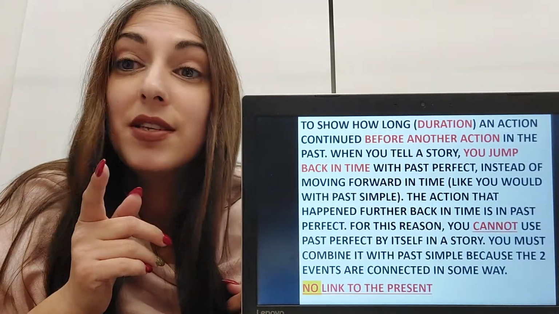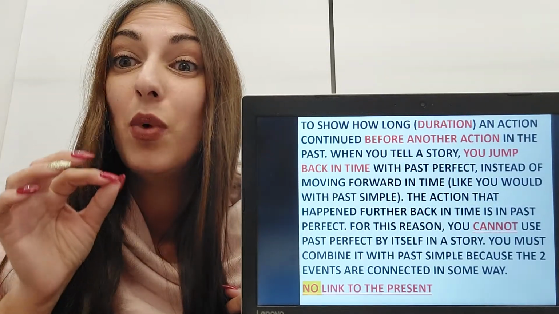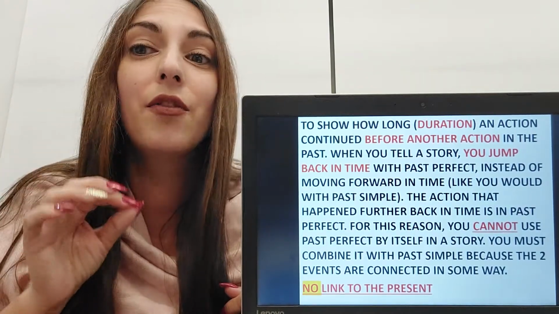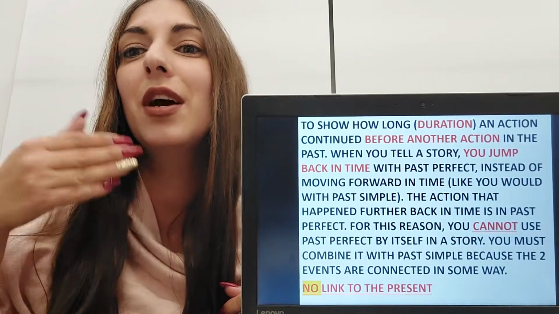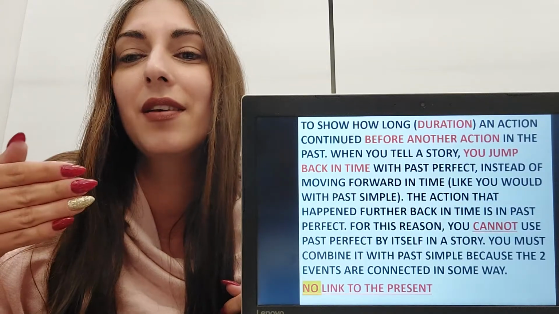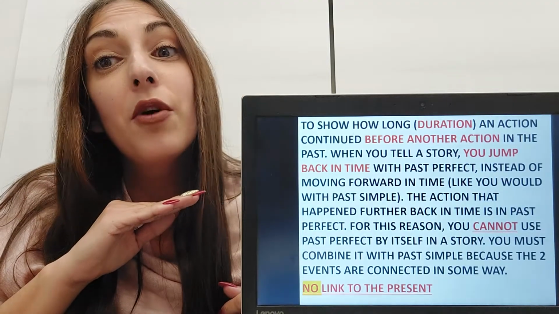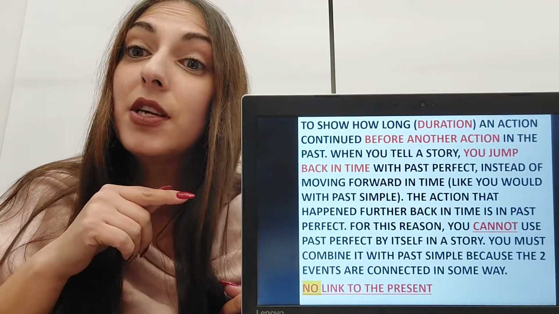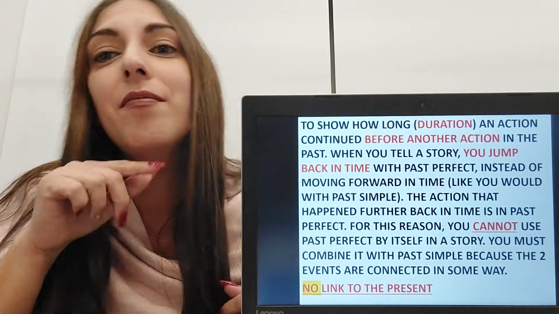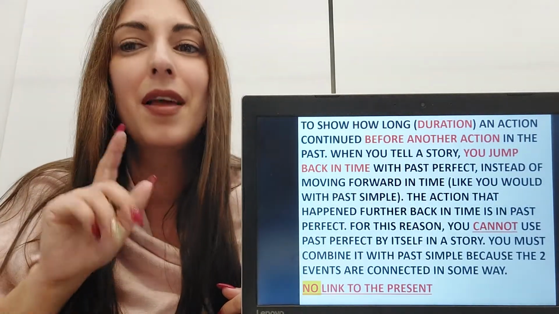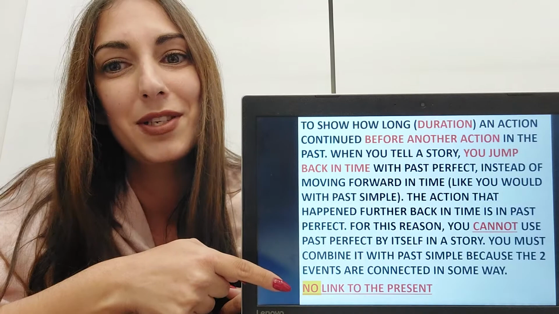So for example, yesterday, I had been waiting for 1 hour before my bus finally arrived. So for 1 hour, I just tell you how long I had been waiting. Okay, so past perfect simple, I had waited for my bus before it arrived. Past perfect continuous, I had been waiting for 5 minutes, 10 minutes before it finally arrived. Now again, there's no link to the present.